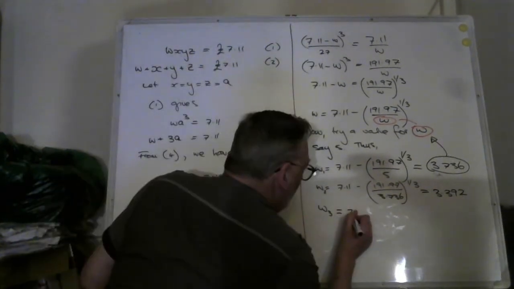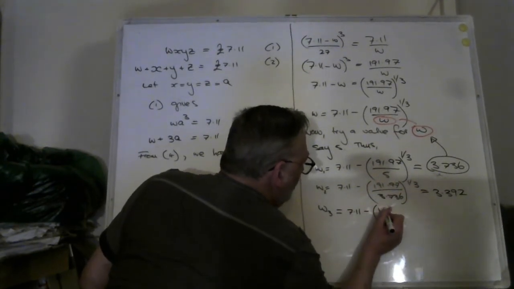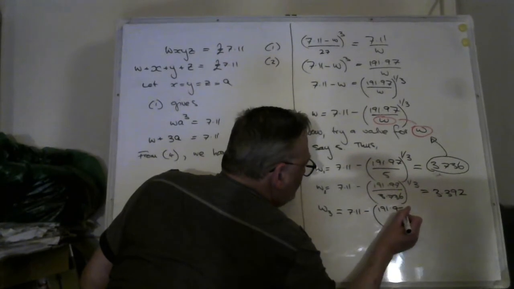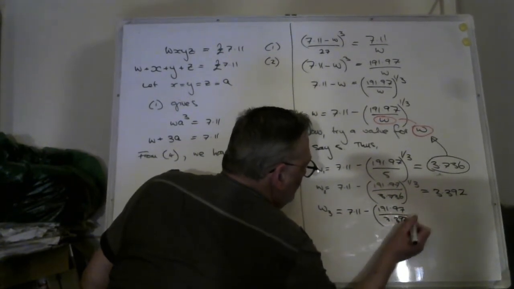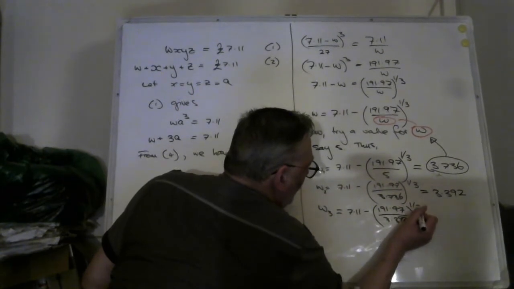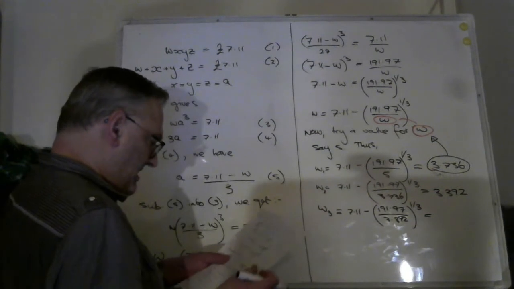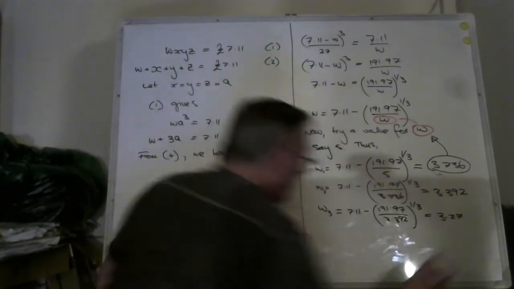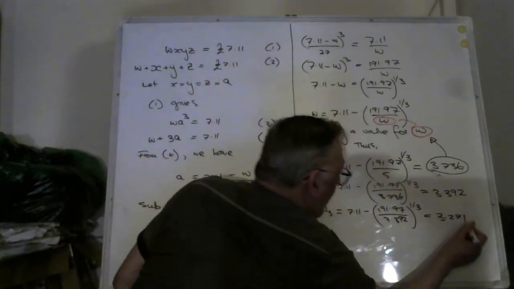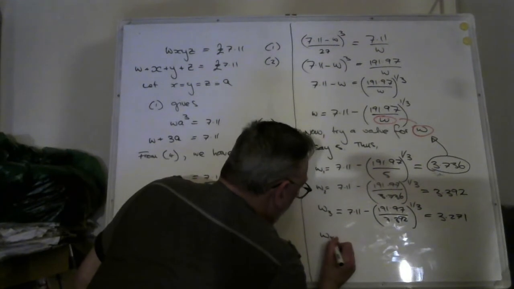So now we've got 7.11 minus 191.97 over 3.392 to the power a third, and that comes out to be 3.271. Then we try for a lower value.